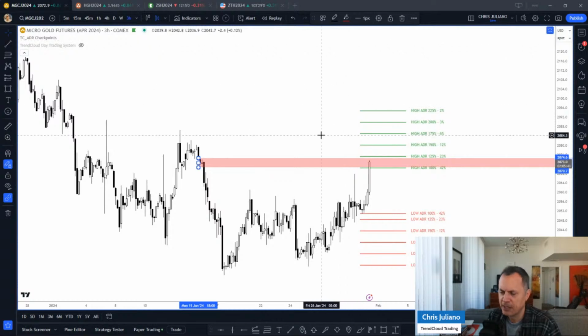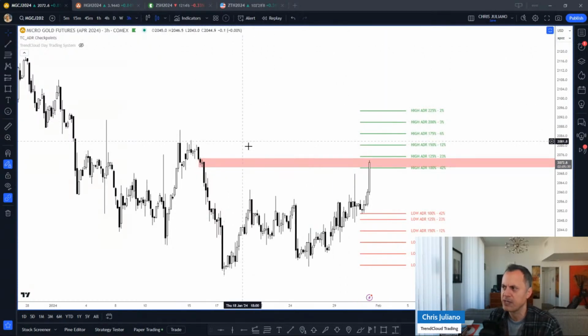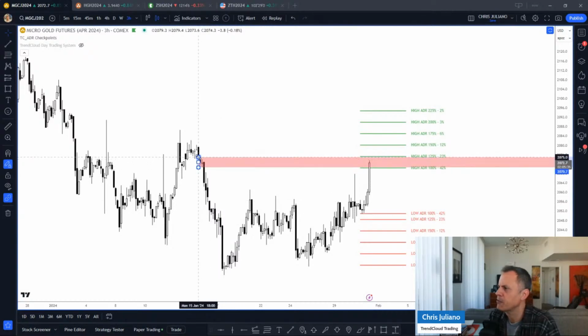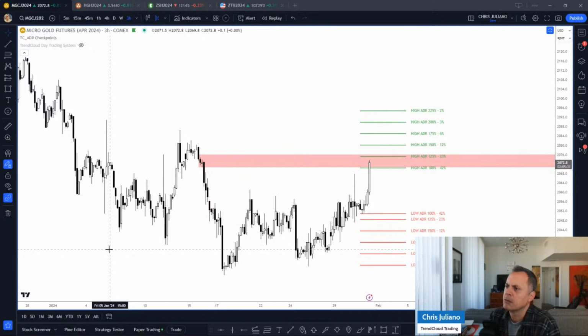I'm not saying to go short here, guys. This is just observation, right? Let's encompass that second ADR checkpoint. Okay, and then, look at the craziness of, okay, so this is like a sideways movement here.